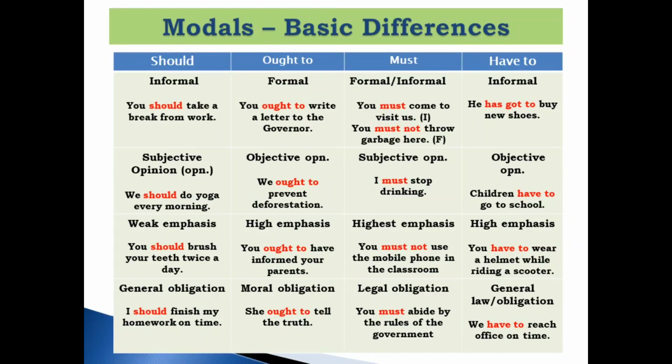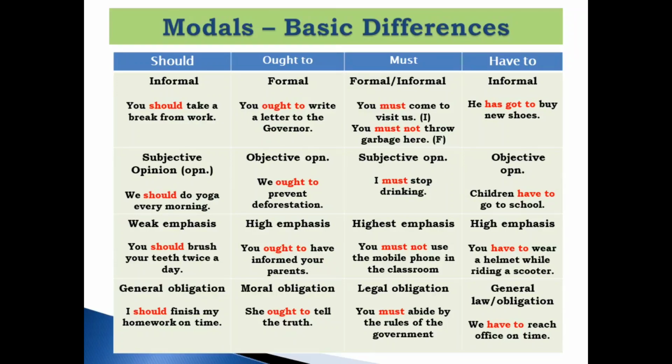Here is a list of the basic differences among modals such as should, ought to, must, have to. Should and have to are used in informal speeches and situations. Ought to is used in formal speeches.